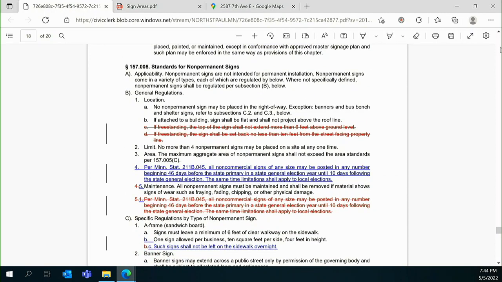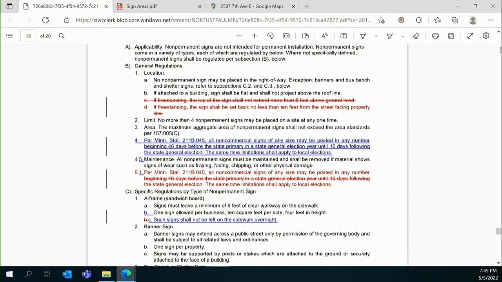Are you going to add it under the general regulations for location, item B, or is it going to be just specific to the feather sign, the flag sign and the banner sign for the ones that are ground mounted? I was going to remove the word banner from the exception under general regulations. Okay. And then regarding the other ones, I'm waiting for direction still.